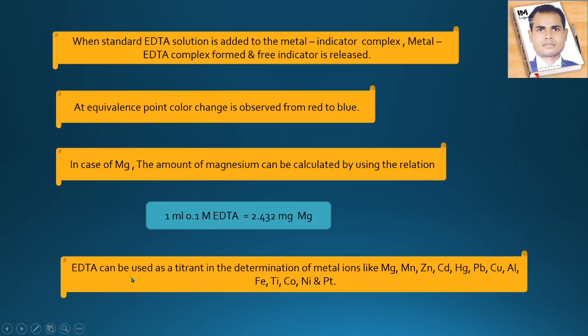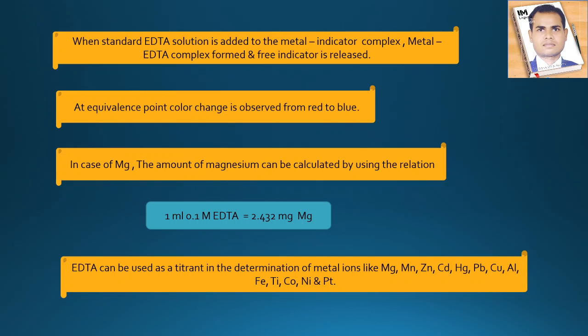Now EDTA can be used as titrant in the determination of metal ions like magnesium, manganese, zinc, cadmium, mercury, lead, copper, aluminum, iron, titanium, cobalt, nickel, and platinum. So if we want to determine the amount of this kind of metal, we can use EDTA as the titrant.